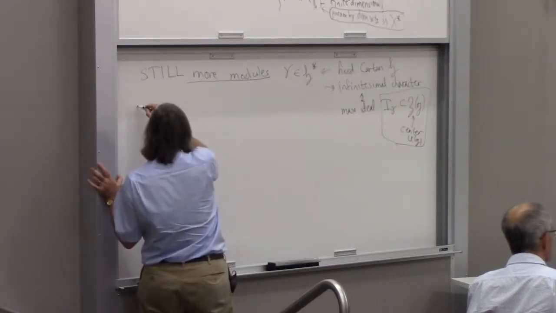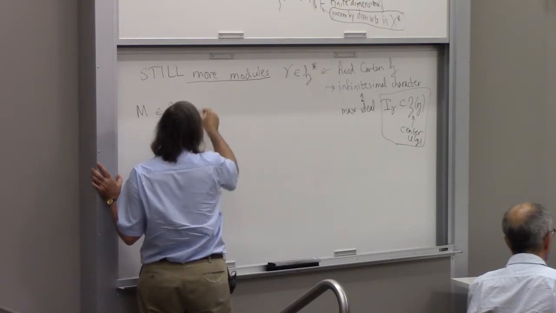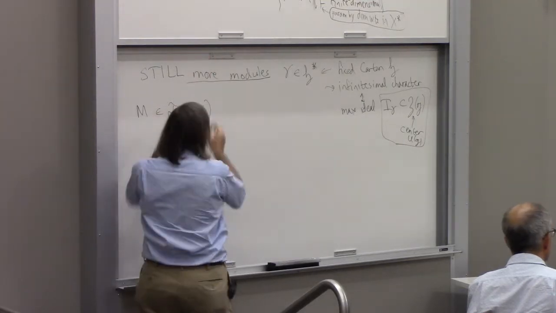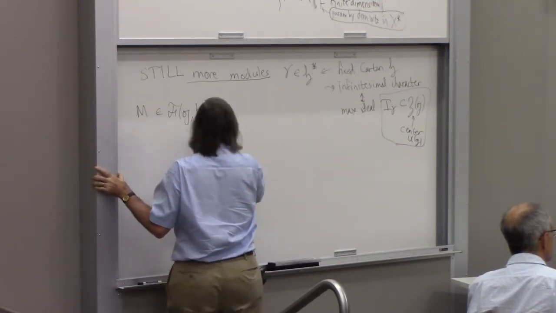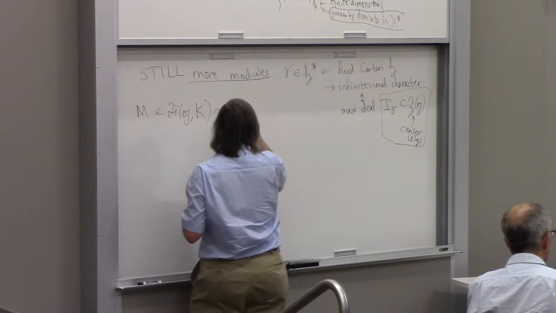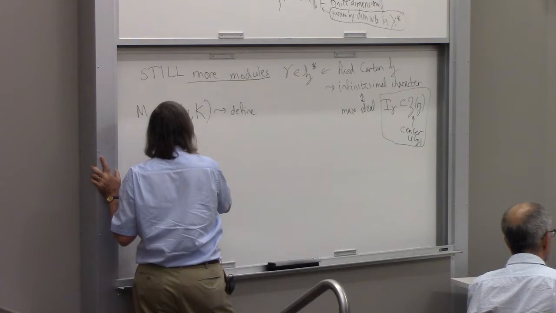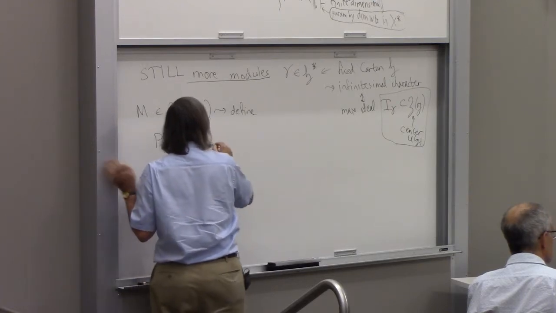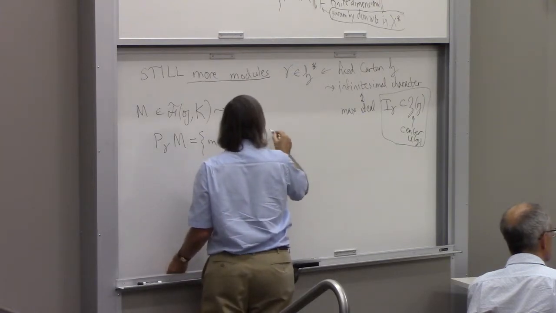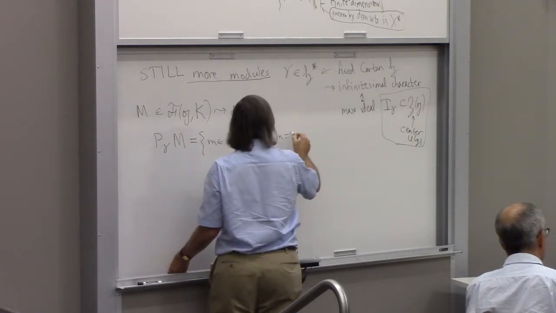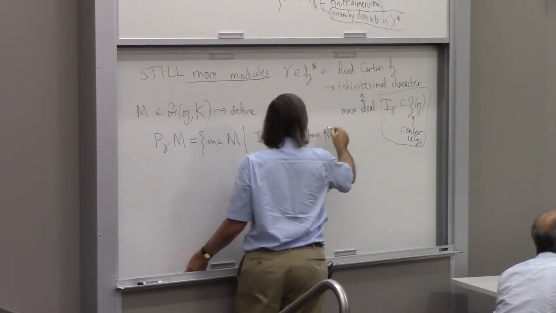And if you have any M, I'm going to stop talking about category O. The same words apply to category O. Then you can define P_gamma of M. This is the set of m in M such that I_gamma to the n times m is 0 for some n.